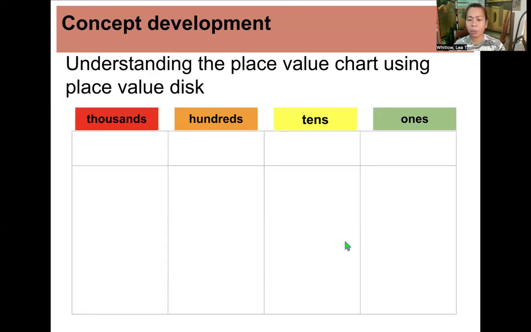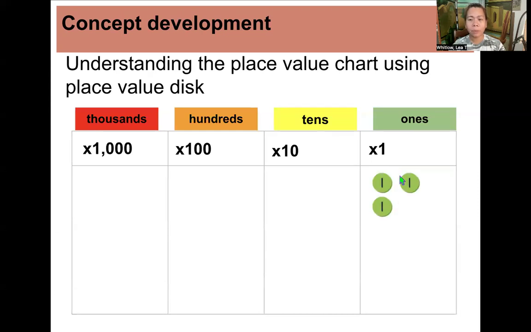And this is the place value chart. Ones is counting by 1, tens is counting by 10, hundreds is counting by 100, and thousands is counting by 1,000. So let me ask you, what is the highest digit that you can put in the ones place?